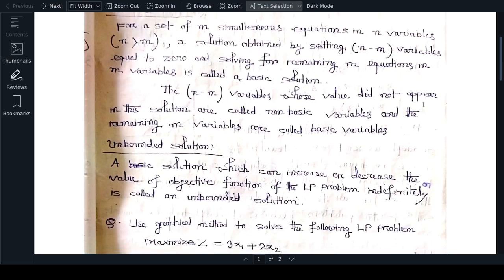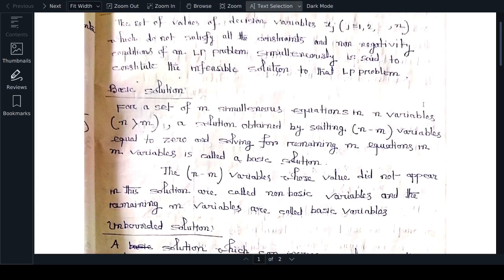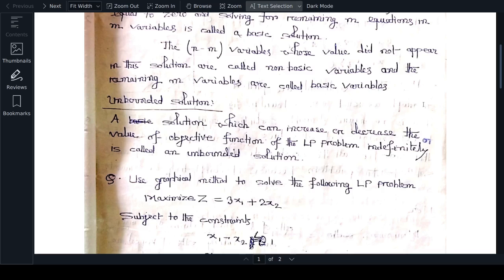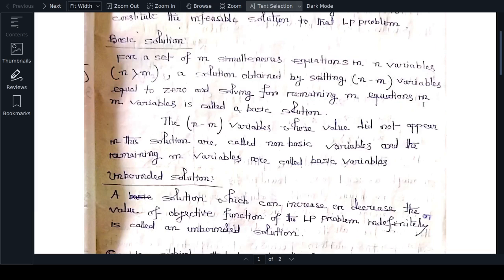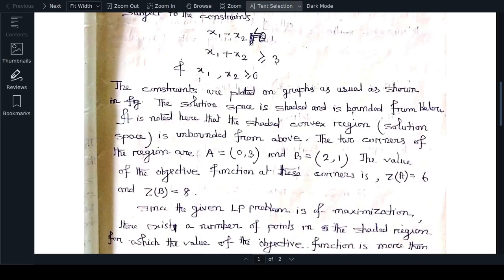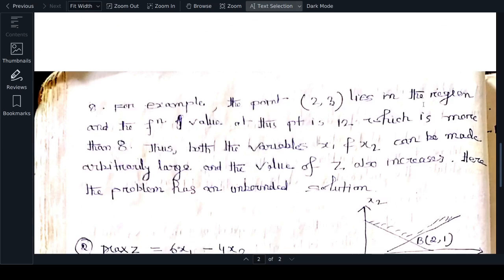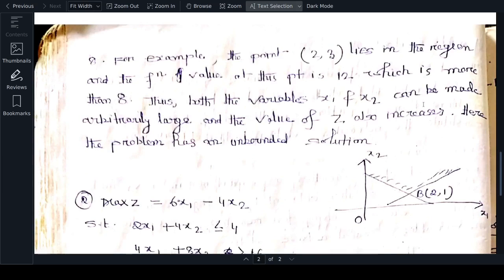It is noted that the shaded convex region, the solution space, is unbounded from above. There is no boundary from above. The two corner points of the region are 0,3, which you mark A, and 2,1, which is B.